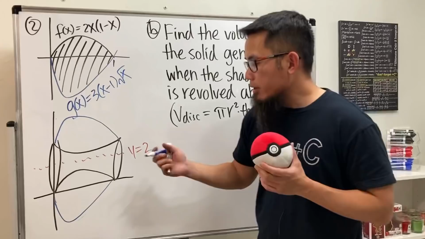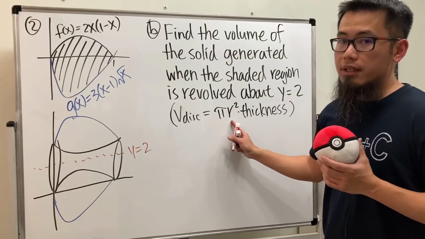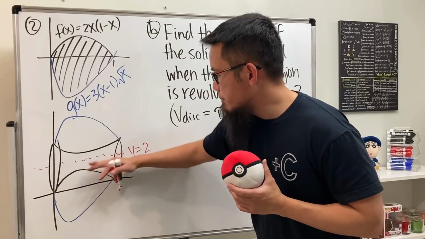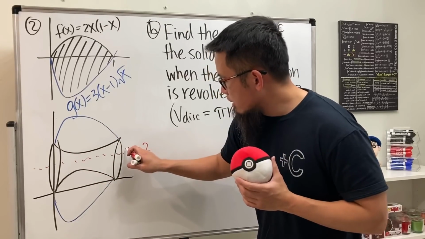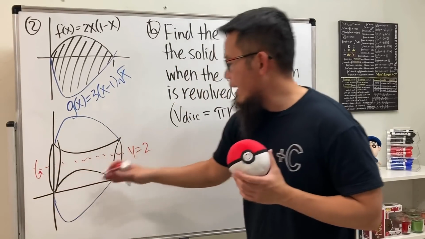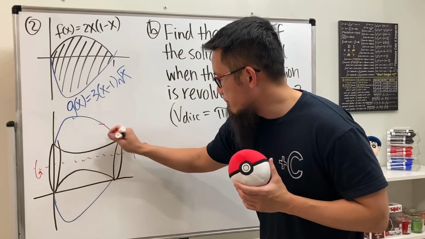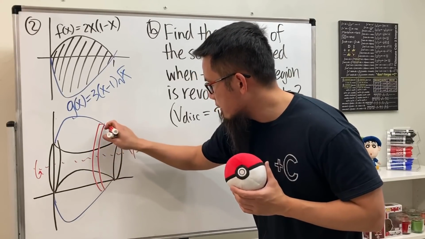Well, let's find out the outer piece first. What we have to do is, of course, the radius is the most important thing. And you will have to see the radius, because we are rotating like this, right? Rotating like this about the line y is equal to 2. So the radius, if you look at the picture that I'm about to draw for you, here we have a disk, right?